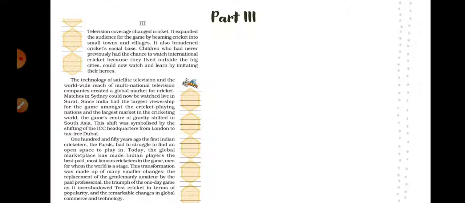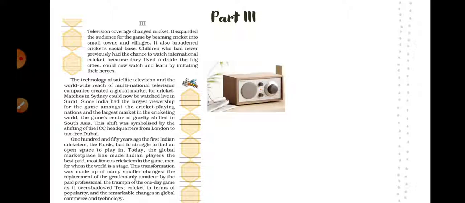Back when we had only radios, cricket could not be so popular because though people could hear the commentary, they could not follow the match, and people who had never seen a cricket match could not understand the mechanics of the sport only by listening to it.